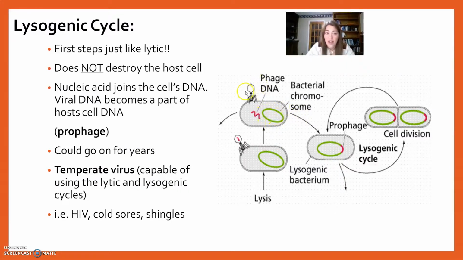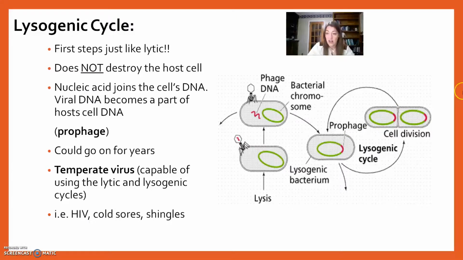So what happens is you have the attachment, penetration. Here's where it comes in, okay? And that's when we get this prophage. It comes in, and here the green is representative of the bacteria DNA. The pink is the new, or the viral DNA. So once that's incorporated into the bacteria cell, it just stays in there for a little while.